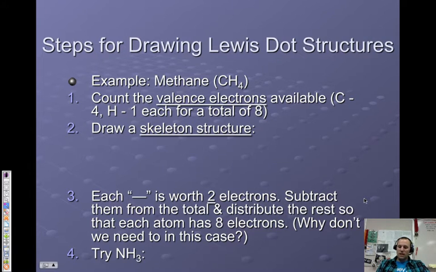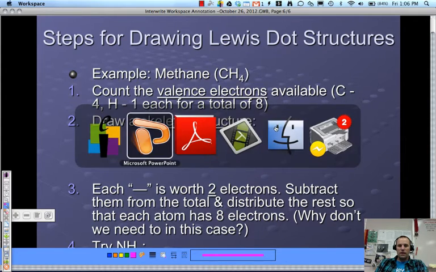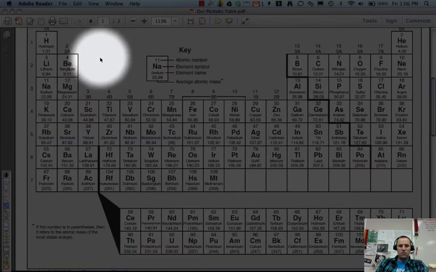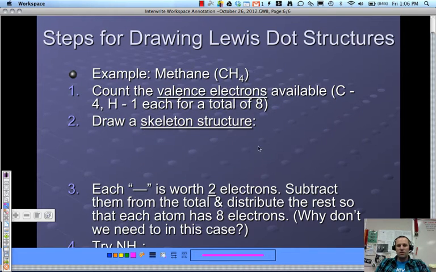Okay, so let's take a look at this one. If we're going to be drawing methane, first we have to count up the valence electrons available. If you look on the periodic table, carbon is in column 14, so it has 4 valence electrons. Over here, column 1 has 1 valence electron. So let's add up the total. Carbon has 4.